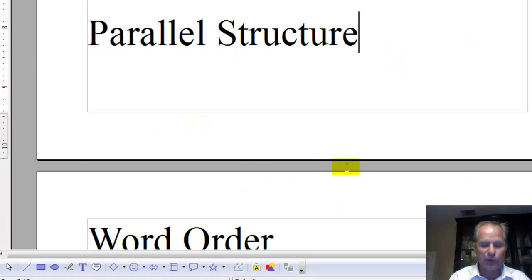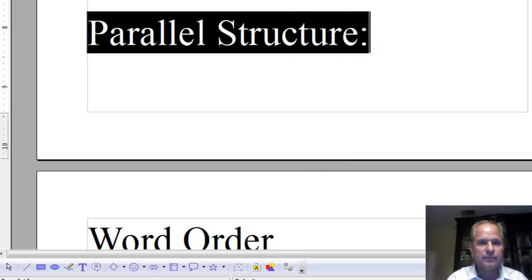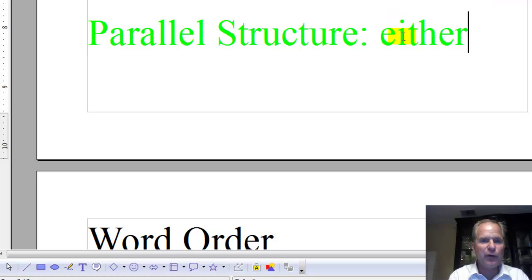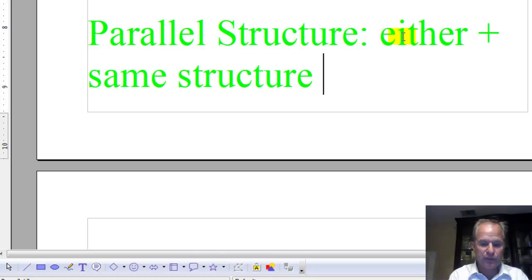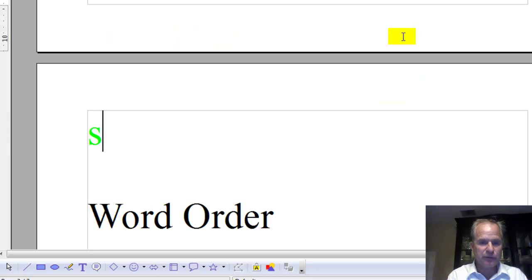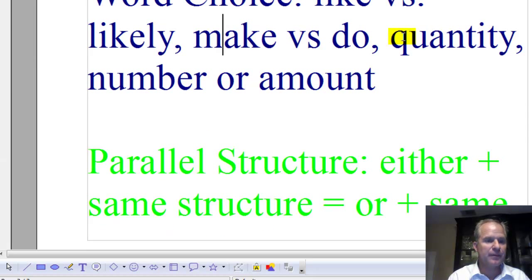Now, parallel structure has to do with keeping everything balanced. You know, either plus or, same structure.